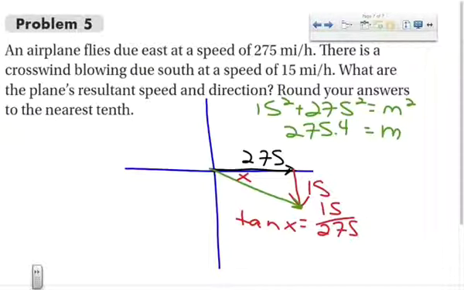And I have 3.1 degrees. Can someone verify that they crunched the numbers and got the same thing? Okay? So 3.1 degrees, how? 3.1 degrees south of east.